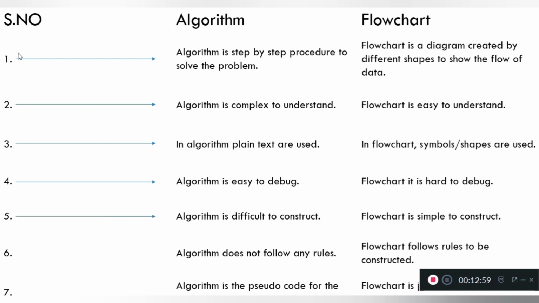Next, algorithm is difficult to construct. If you are going to design any example or any work in an algorithm form, it is quite difficult to construct. And flowchart is easy to construct.